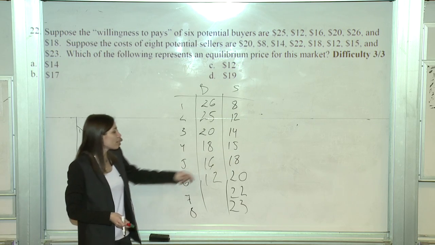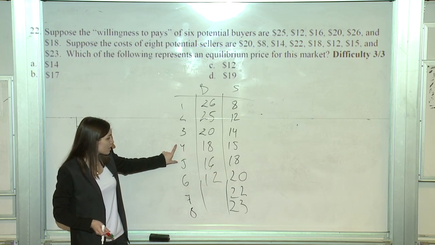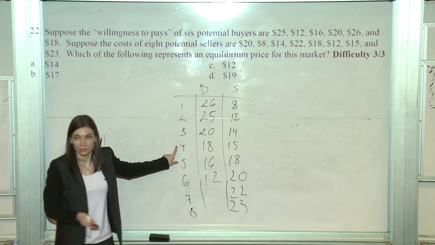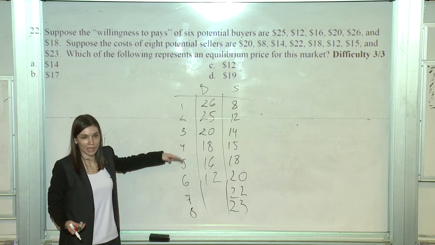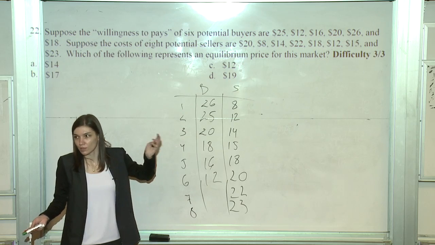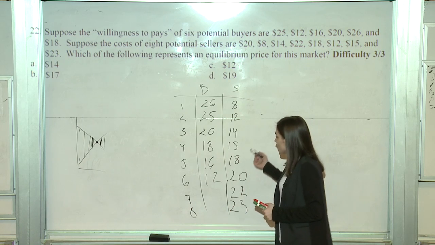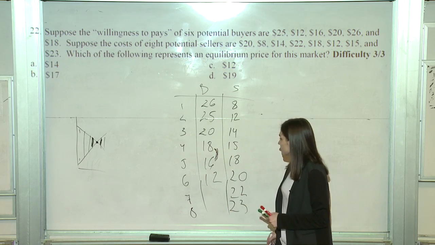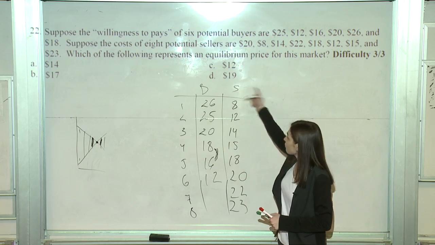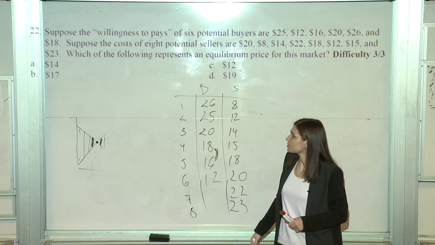The willingness to pay is smaller than the supplier's cost. So basically, somewhere between 4 and 5, this happens. Now, we don't have continuous, right? We can't buy 4.5 of the good. So what's going to happen is that the equilibrium price is going to be somewhere between 18 and 16. The only one that fits is B, 17.